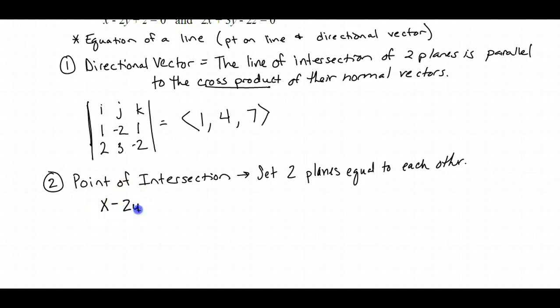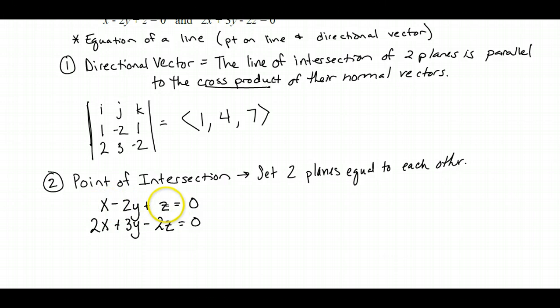So we have x minus 2y plus z equals 0, and then we would have 2x plus 3y minus 2z equals 0. Sometimes it works out really nice where you have a common multiple that will get rid of two terms. In this situation, it looks good to start.